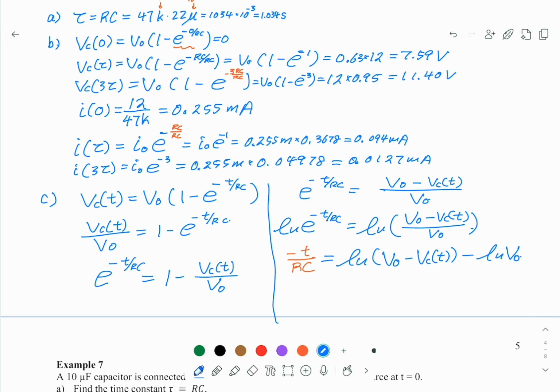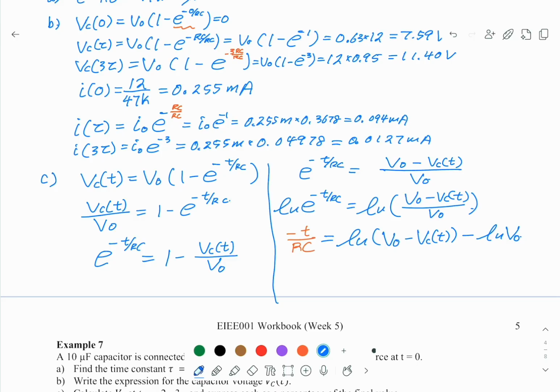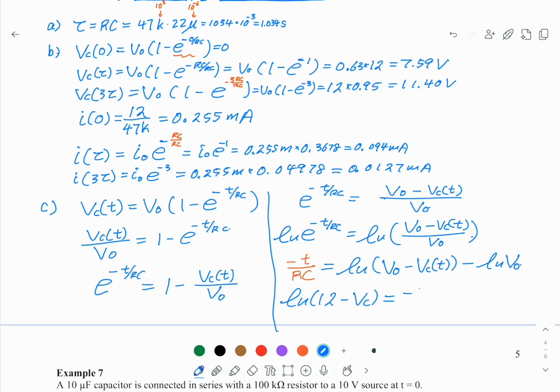So now we rearrange again, and we'll get V0 is 12 minus 1 over RC t plus. So now we compare y equal to mx plus c.